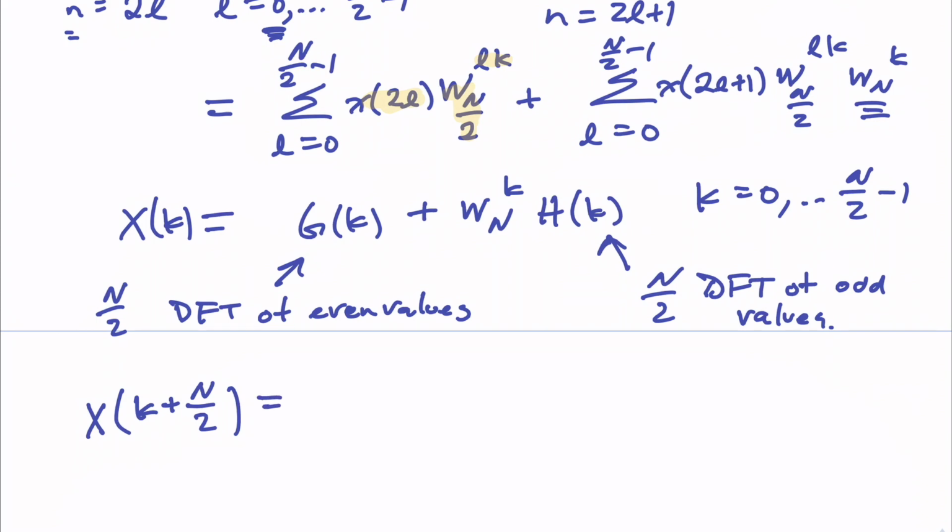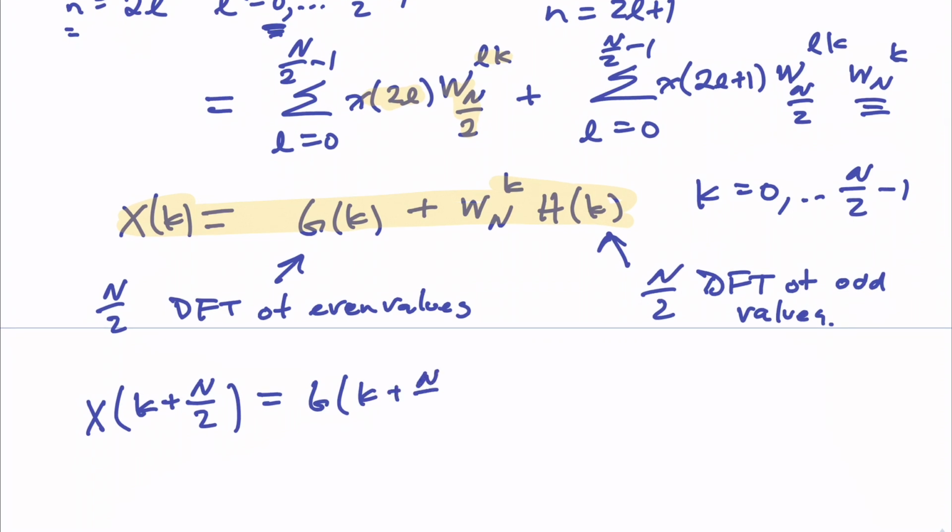So this would be G. Everywhere I see a k up in this top equation, I'm going to replace that with k plus N over 2. All right, so plus W_N to the k plus N over 2 times H of k plus N over 2.